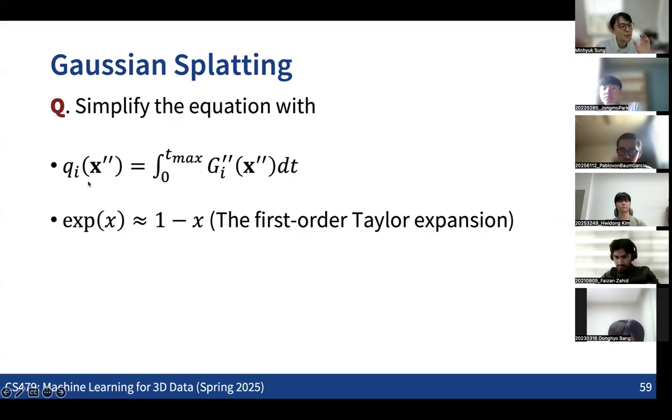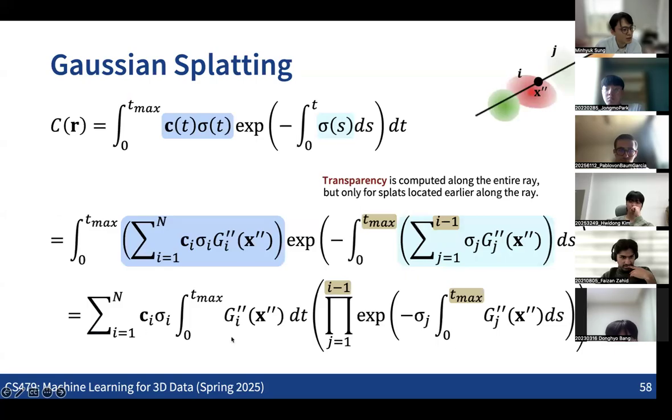And to simplify the computation, we are also going to use a linear approximation for the exponential term, replacing it with 1 minus x, which uses the Taylor expansion. Based on this, can you also simplify this equation?